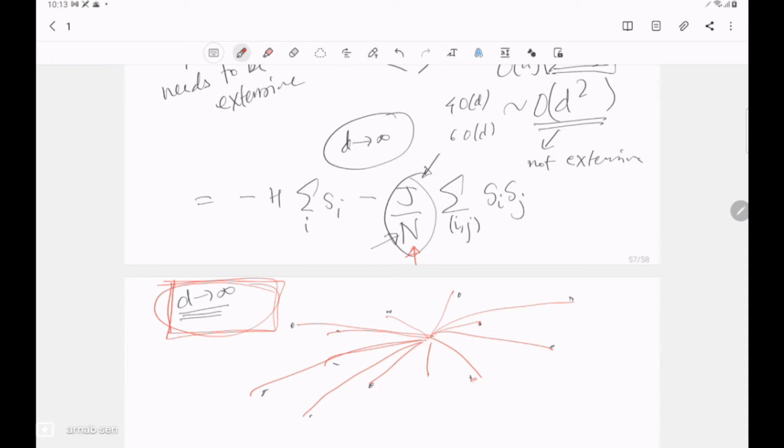That's my motivation. Then when you take any finite D, there are always corrections on that, and then mean field theory is not exact. Is this point clear? Why am I choosing this Hamiltonian? Anybody else? Is it clear?